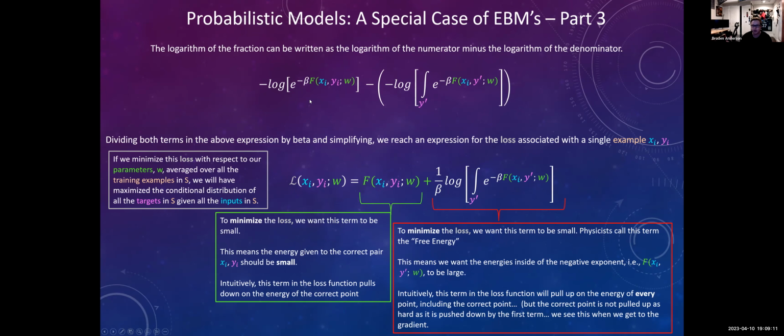If we go through and divide by beta, we end up with this loss for a single sample, which is made up of two terms. So the loss for xi, yi is related to the energy of the correct answer and this second term, which physicists call the free energy, which is basically related to all of the answers, correct and incorrect.